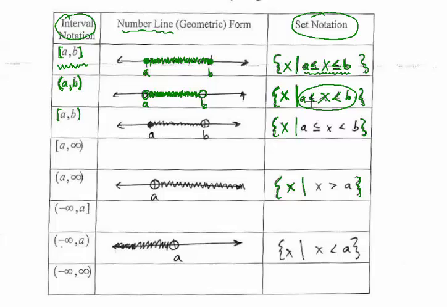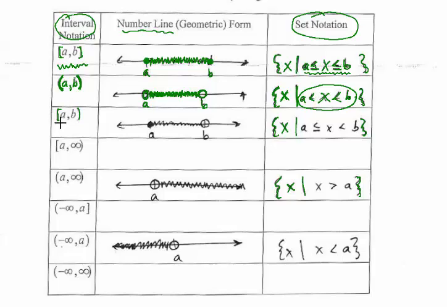Now, notice that these inequalities do not have the equal to bar below them. That is because we had open dots here in the places of A and B. Or you could say we were initially given parentheses for both A and B.